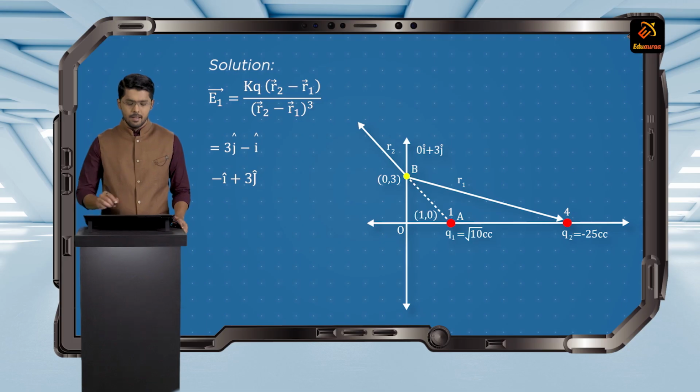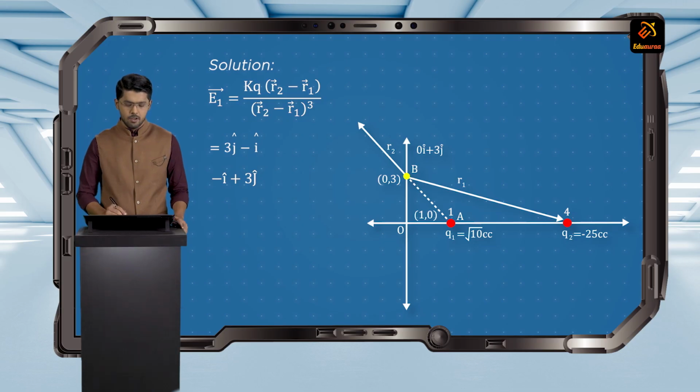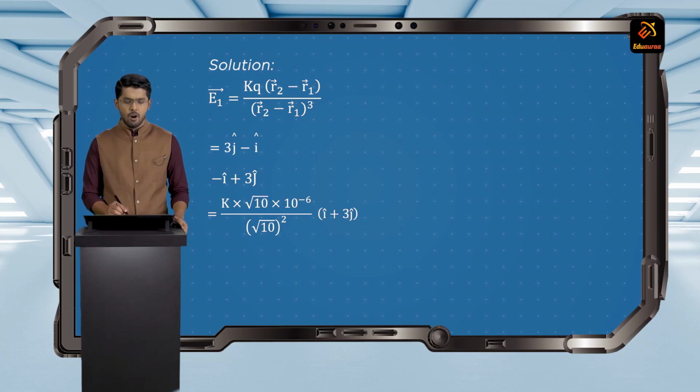So essentially, the electric field at that point will be written as K into Q. The value of Q in this case is root 10 microcoulomb. So let's write that as K into root 10 into 10 to the power minus 6 upon the magnitude whole cube. Now if you see, the magnitude of this vector is the square root of 9 plus 1, which is root 10.